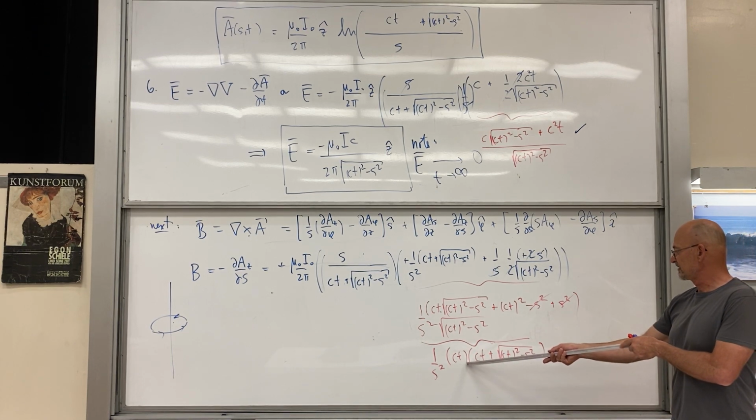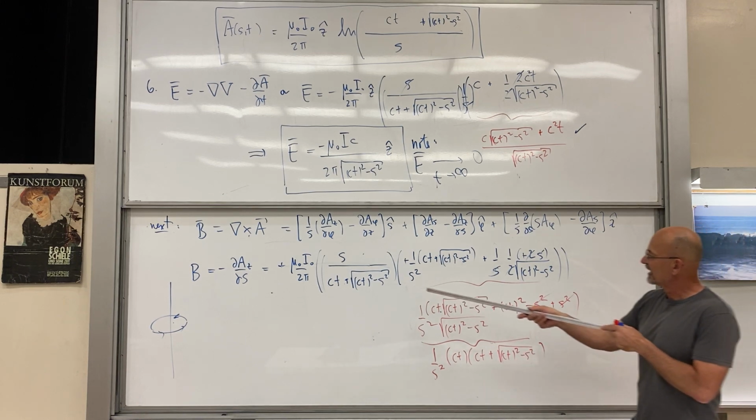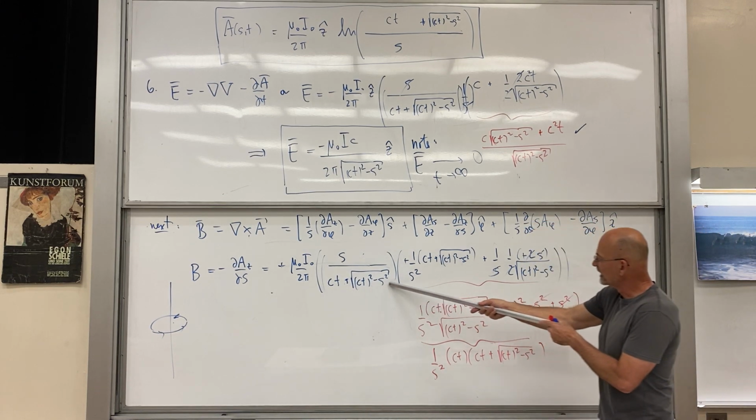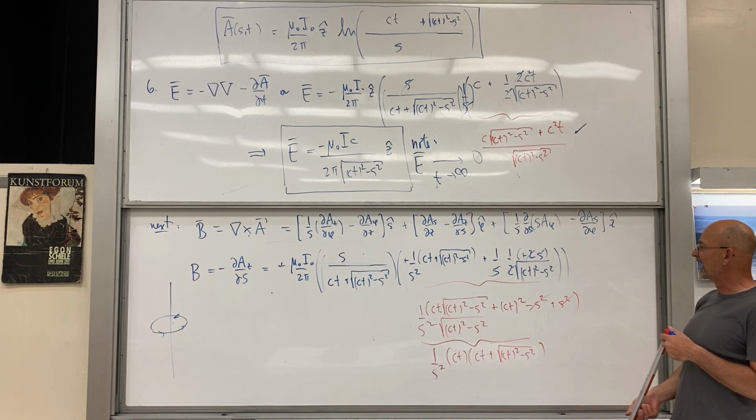So we get CT factored out, then we're going to have CT plus CT squared minus S squared canceling this one here. We'll have S over S squared, so there's our 1 over S.